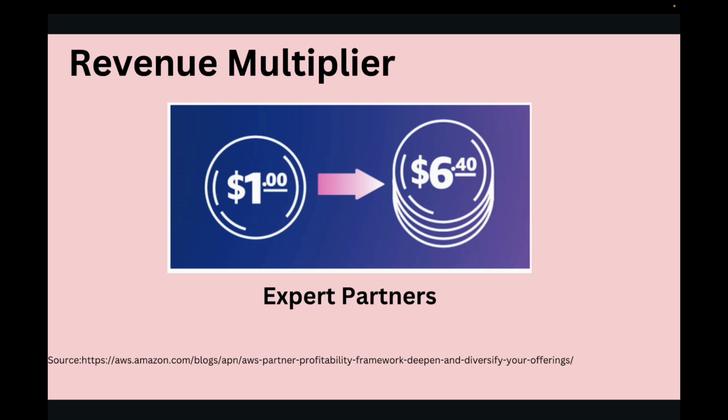That's huge, right? That is what some of the partners at an expert level are achieving. If a customer is spending $1, giving AWS $1, they're paying the partner $6.40. That's what they are able to achieve in different ways.